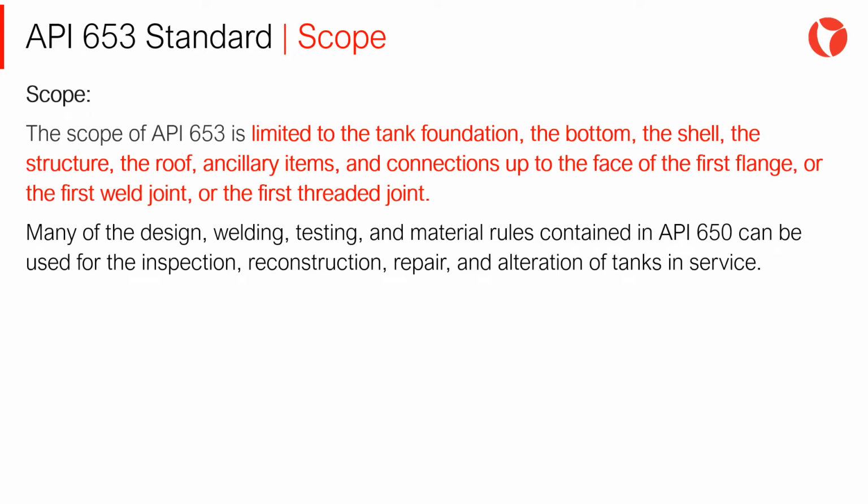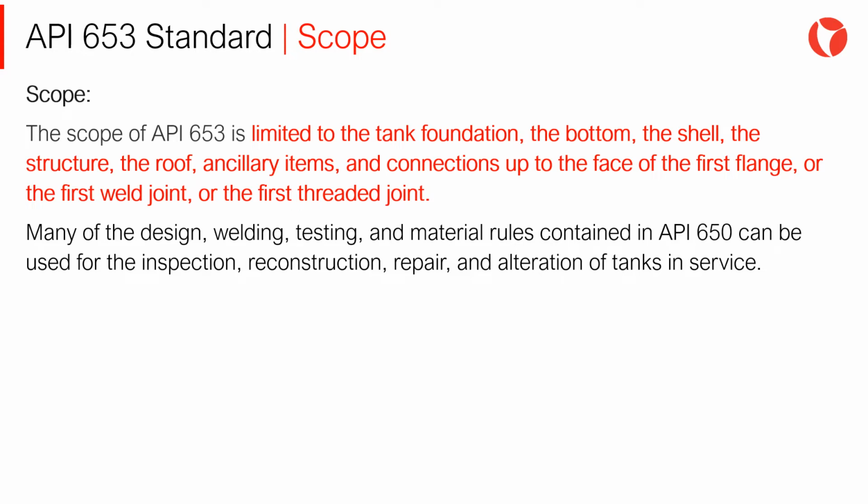The scope of the API 653 is limited to the tank foundation, the bottom, the shell, the structure, the roof, ancillary items, and connections up to the face of the first flange, or the first weld joint, or the first threaded joint.